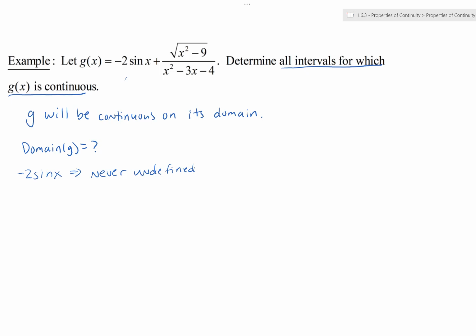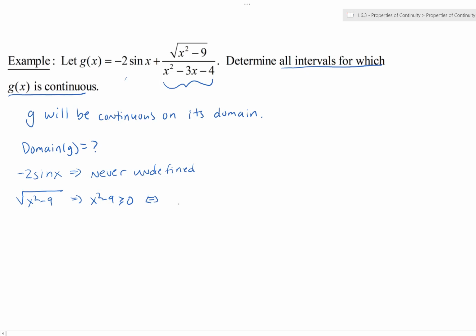Now, then we get to that quotient here. Well, we have square root of x squared minus 9 on top, so that's going to play a role, right? Because it's in the numerator, that's going to imply that x squared minus 9 is not negative. It's bigger than or equal to 0.